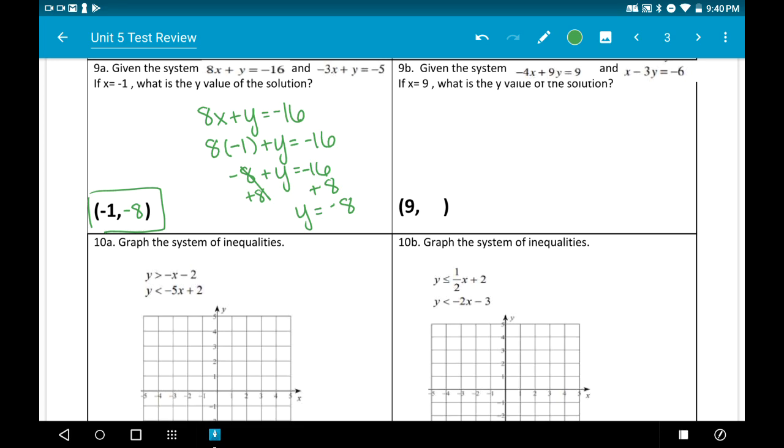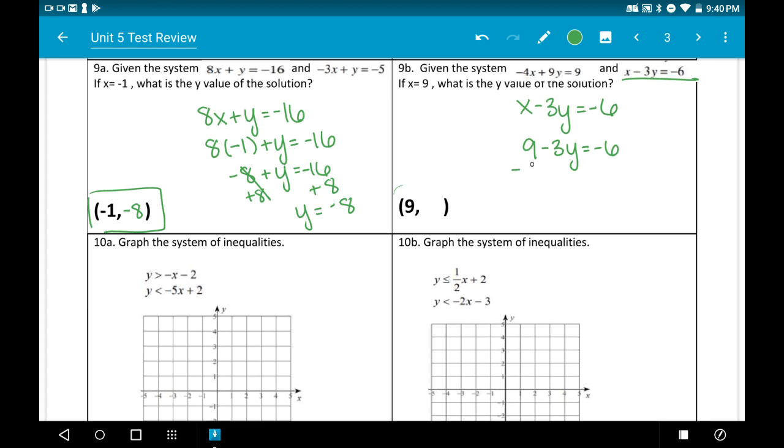9b is going to be the same type of thing. So it gives us our x value is 9. And all I have to do is pick one of these equations to plug it back in. So this time I'll pick the second one. So x minus 3y equals negative 6. We know that x equals 9, so I'll replace this x with a 9. So 9 minus 3y equals negative 6.